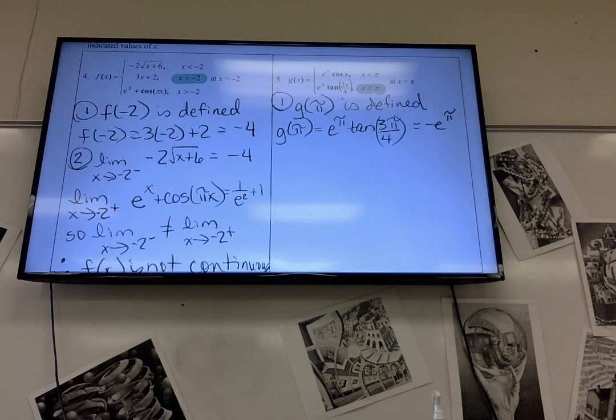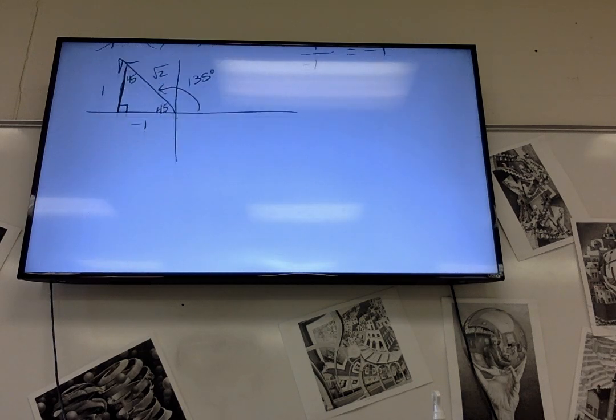Now number 2, I've got to see what? Yeah, if the one-sided limits are equal. So the limit as x approaches pi from the left, use the top one. So that's e to the pi, and then cosine of pi.